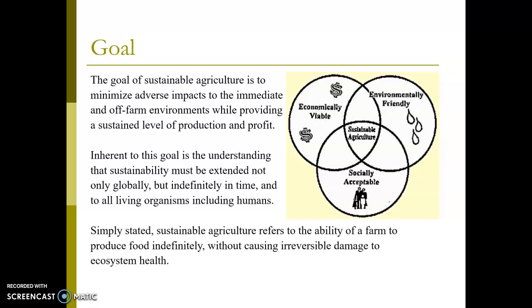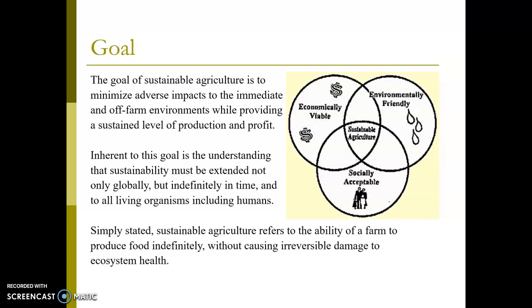As in the previous videos we discussed sustainable agriculture, and in this video lecture we will discuss the main goal of sustainable agriculture. The goal of sustainable agriculture is to minimize adverse impact to the immediate and off-farm environment while providing a sustained level of production and profit.